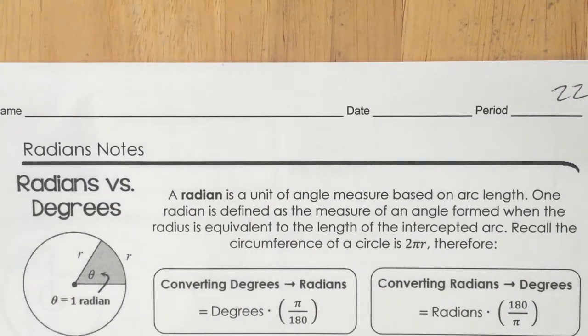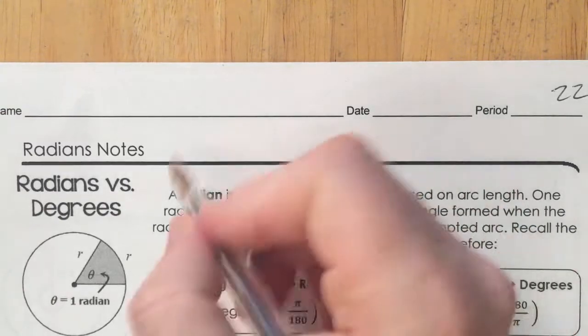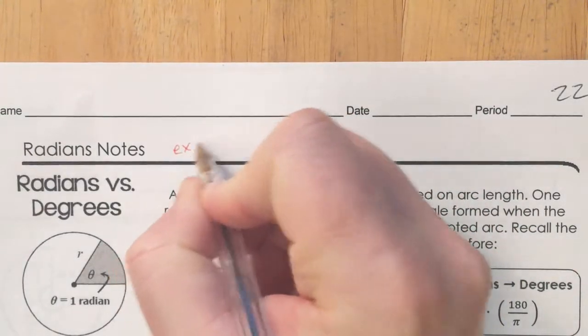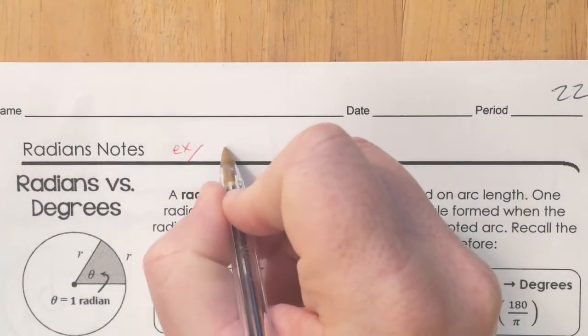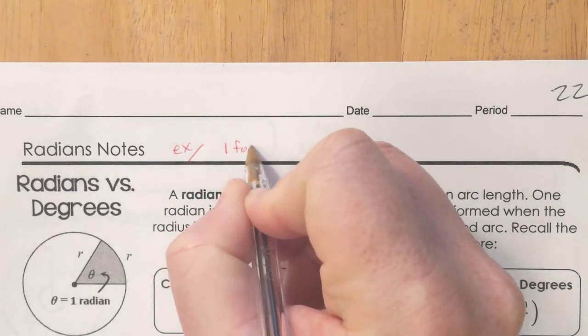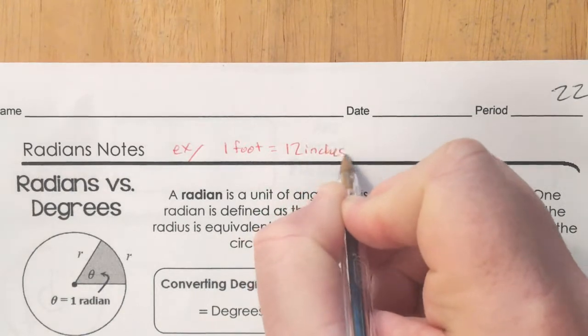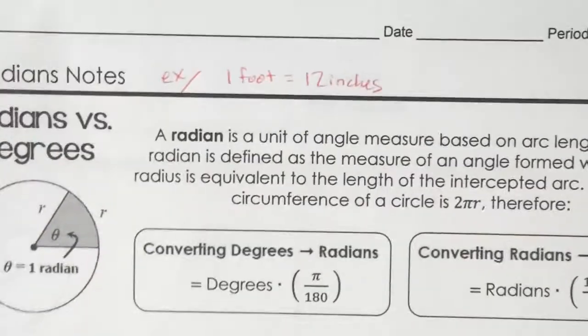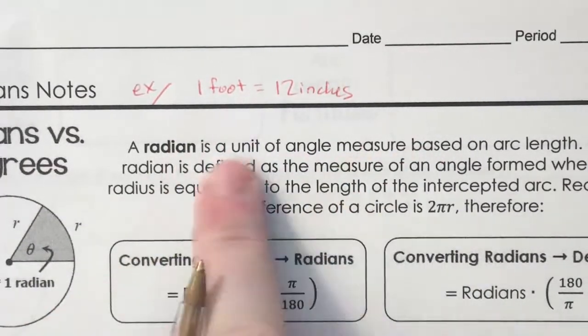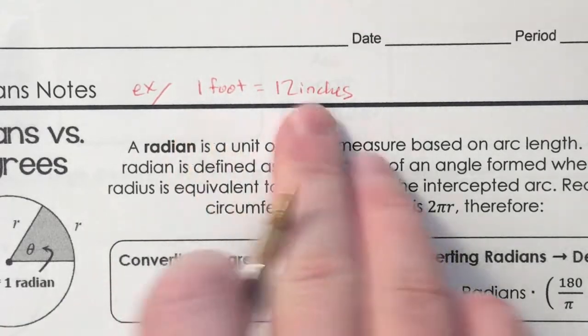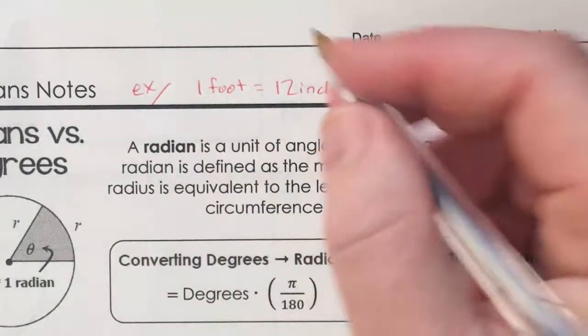There's radians, and degrees are just another way of saying units. So, for example, we know that 1 foot is the same thing as saying 12 inches. That's what we're talking about here. We're just talking about the same thing, but in different units.